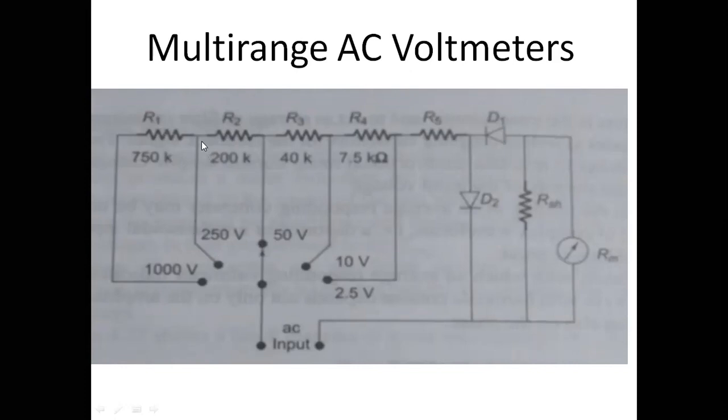From there the current will flow through these resistors and reach the meter, and the meter will indicate the amount of voltage applied, because we are using diodes, and these diodes convert the AC input voltage into DC voltage, and that voltage is reflected in the meter.